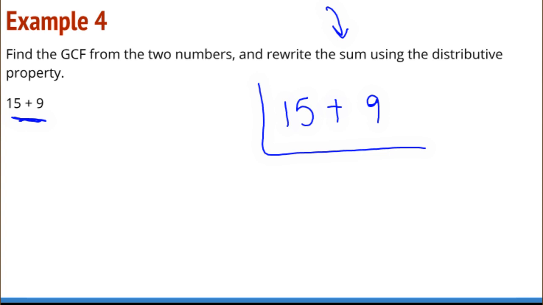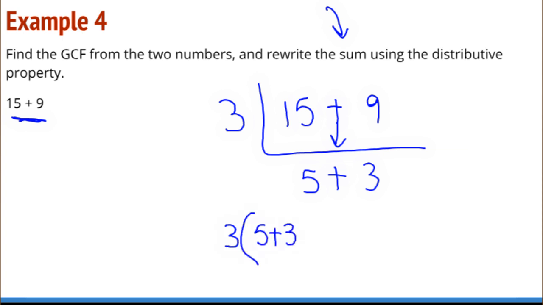Well, I can divide them both by 3. 15 divided by 3 is 5, and 9 divided by 3 is 3. And notice the plus sign came down. So I have the greatest common factor, which is 3, and I have 5 plus 3. I have just rewritten 15 plus 9 using the greatest common factor.